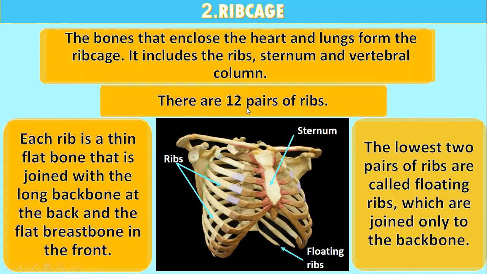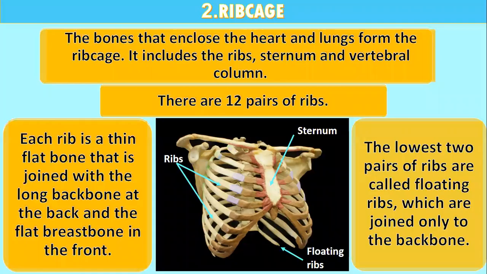There are 12 pairs of ribs, one from this side, another from this side. So, 1, 2, 3, 4, 5, 6, 7, 8, 9, 10, 11 and 12.